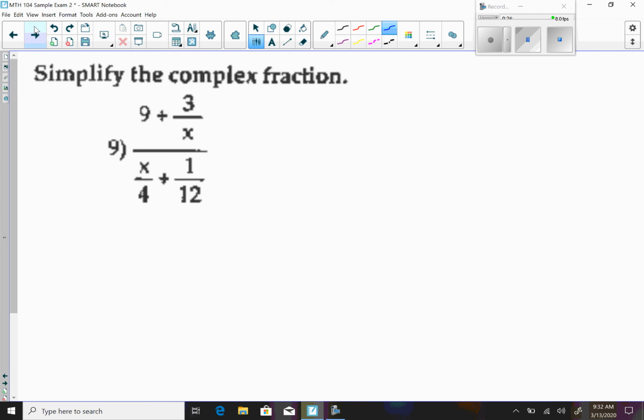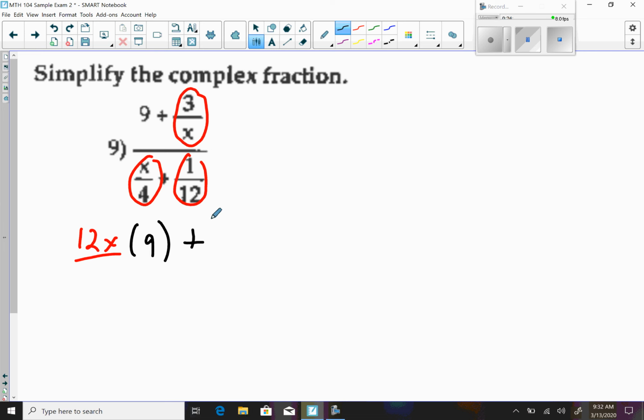Number 10. This is a complex fraction, and the common denominator for this fraction and this fraction and this fraction is 12x. I write the common denominator times every term. So common denominator times 9 plus the common denominator times 3 over x.